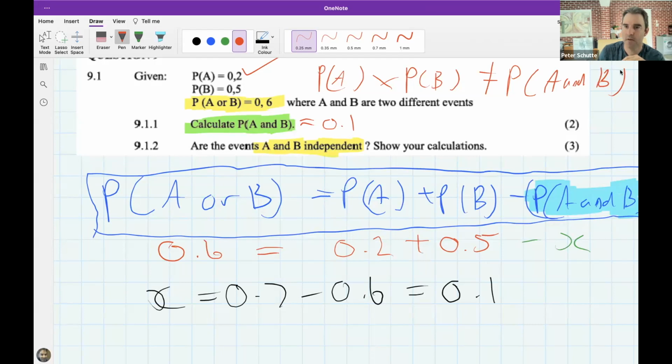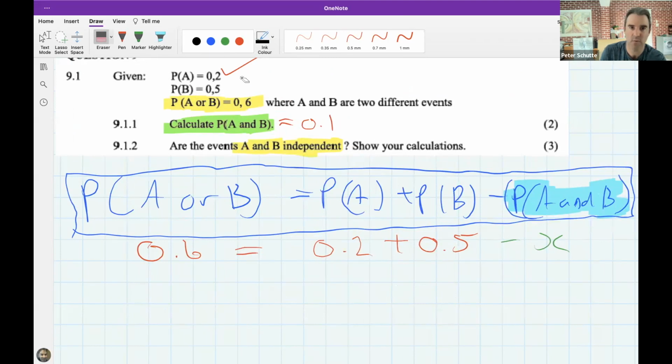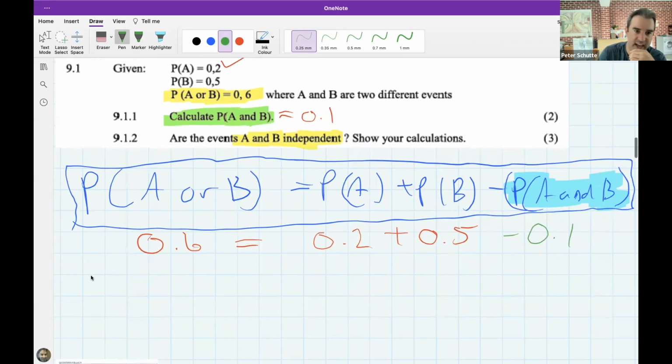Okay, thank you. Cool. So now what I do need to check is, I want to prove they're independent. So let me clear some stuff out the way here. We know that this was 0.1, right? So that's what that was. The probability of A times the probability of B is equal to 0.2 times 0.5.